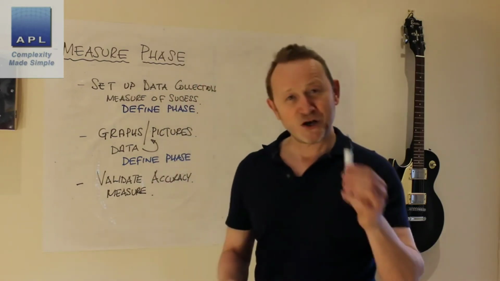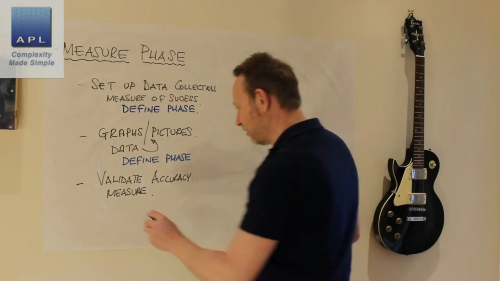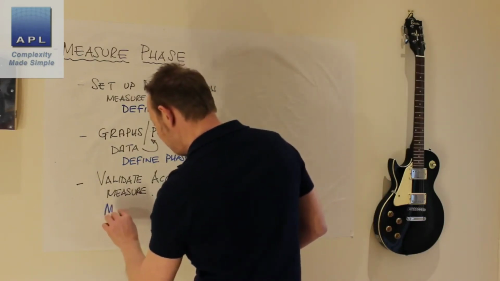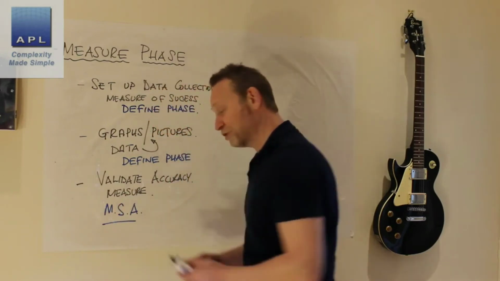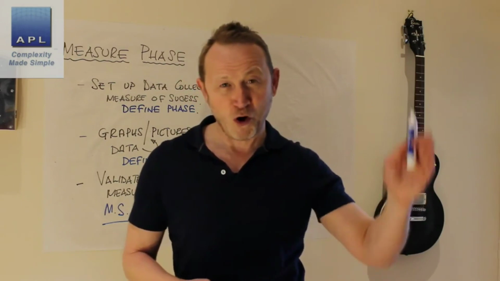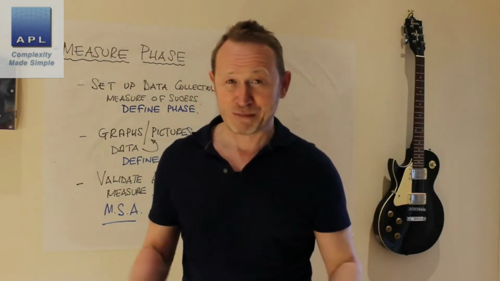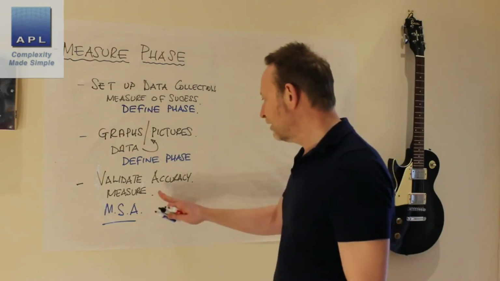Now what this might mean, it might mean that you have to do an MSA, a measurement system analysis. And of course, if the MSA tells you you've got a problem, then job one is to fix that problem, because if you can't measure it properly, you can't do the project.